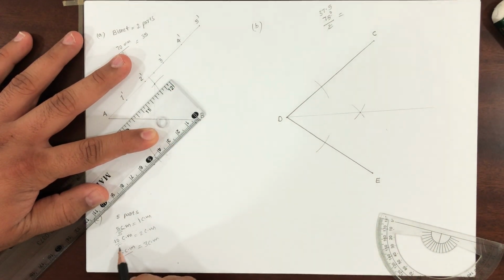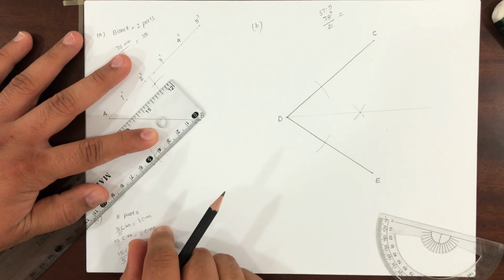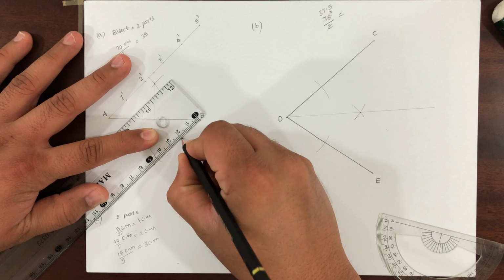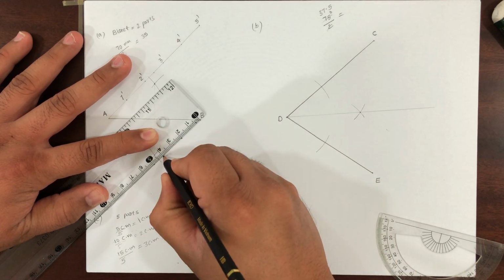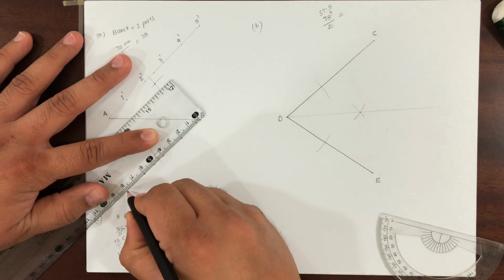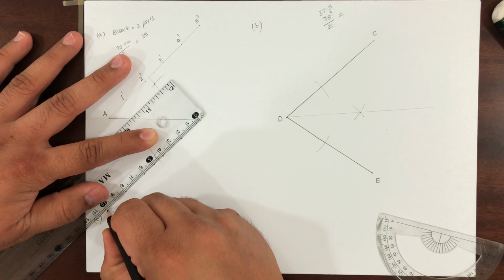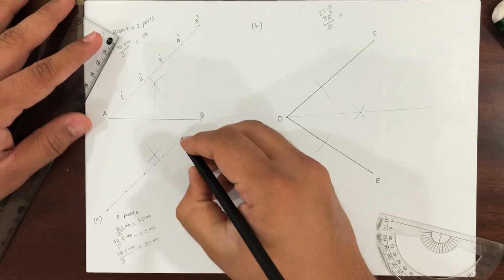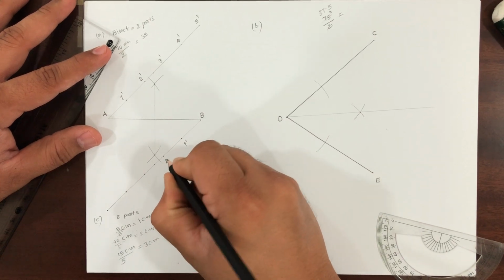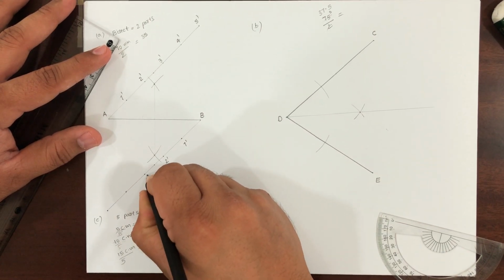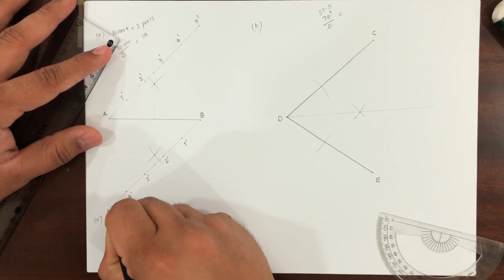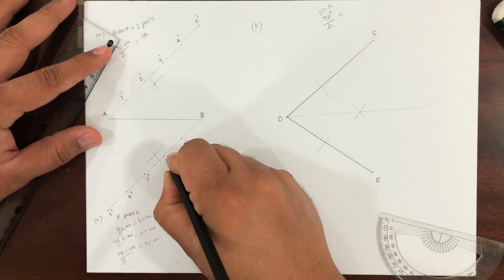Yani see here 10 centimeter divided by 5 means every 2 centimeter one part. 2, 4, 6, 8 and 10. So now here I will make them as 1 dash, 2 dash, 3 dash, 4 dash. Actually you have to make double dash here, double dash.